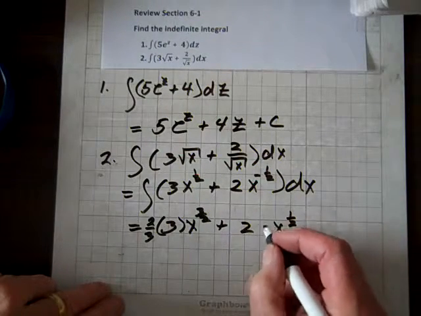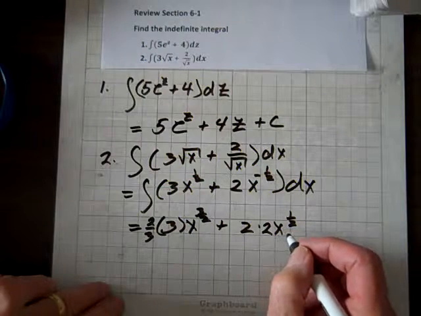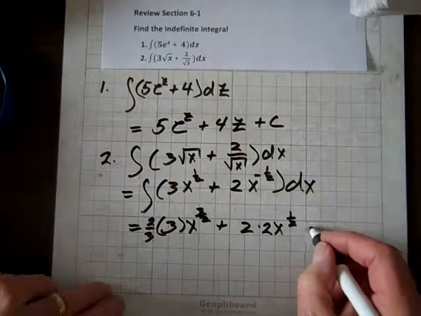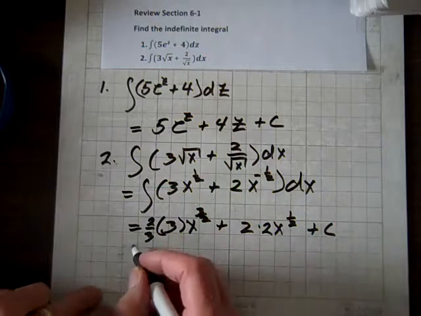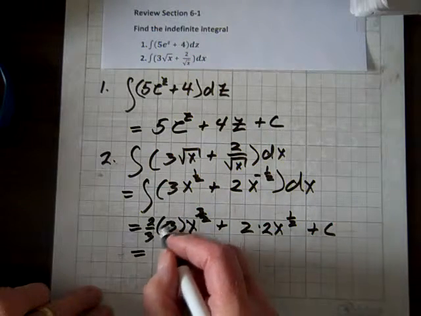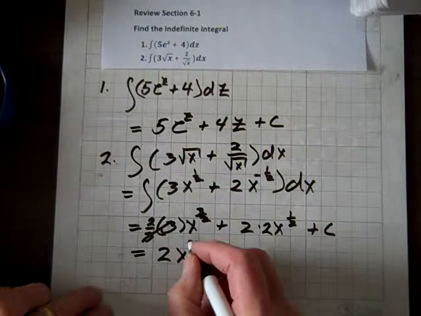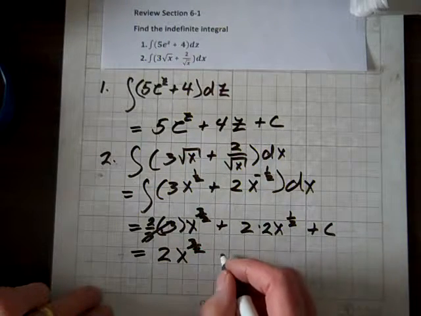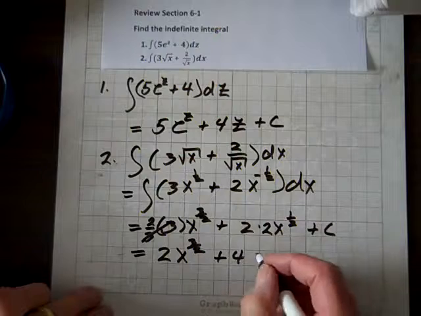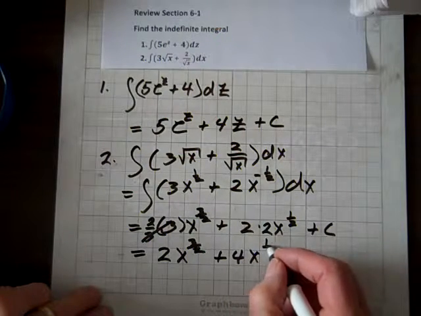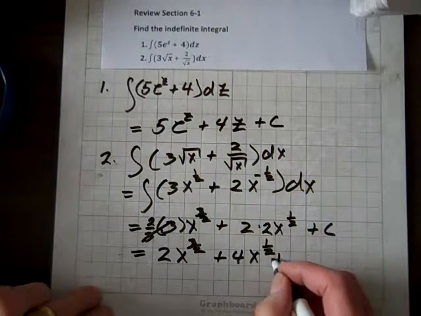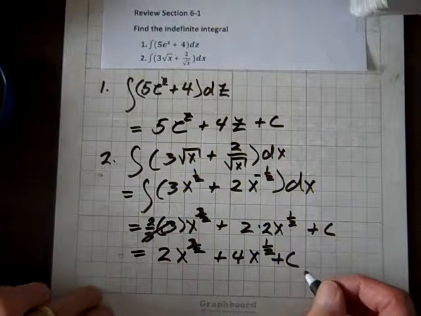There isn't a 1/2 there, so there must have been a 2 there. And plus c. So that equals, here the 3's will divide out, and we get 2x to the 3/2 plus 4x to the 1/2 plus c. And we're done.